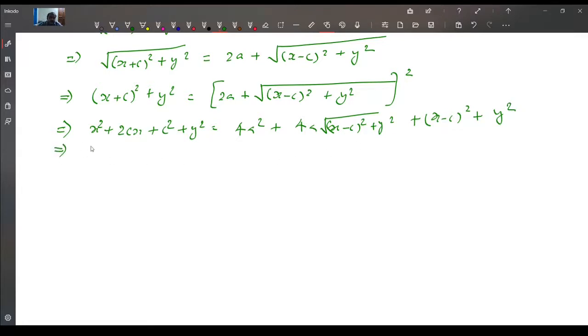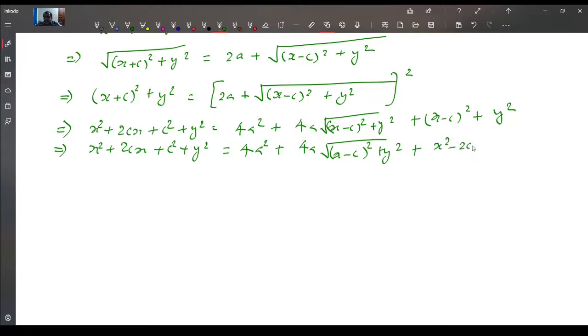This implies x square plus 2cx plus c square plus y square is equal to 4a square plus 4a into root of (x minus c) the whole square plus y square plus x square minus 2cx plus c square plus y square. So you can cancel x square, c square and y square on both sides.